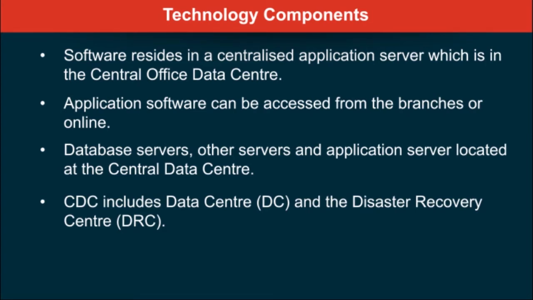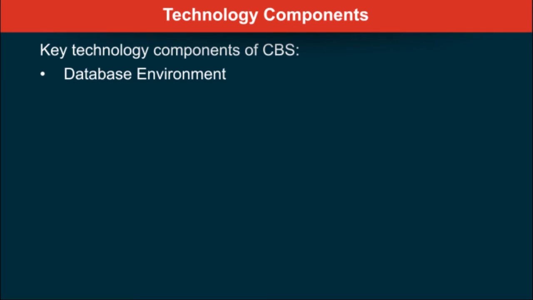What is disaster recovery? In case there is a disaster, the banking system still has to work. So how does that work? That is what the recovery system or mechanism is put in place for. Now, the key technology components are therefore, you should have a database, which has what we call a database environment. You should have application software, right? So that's your application environment. You should have web connectivity, which is your web environment.